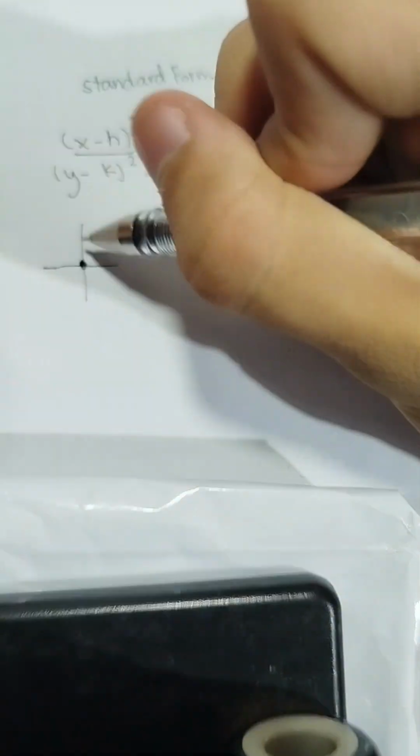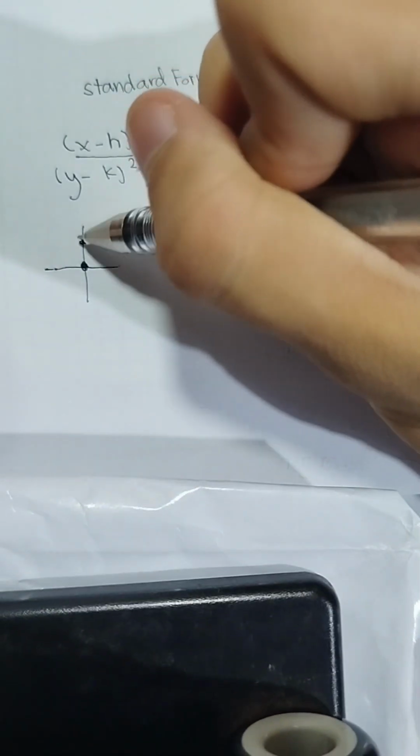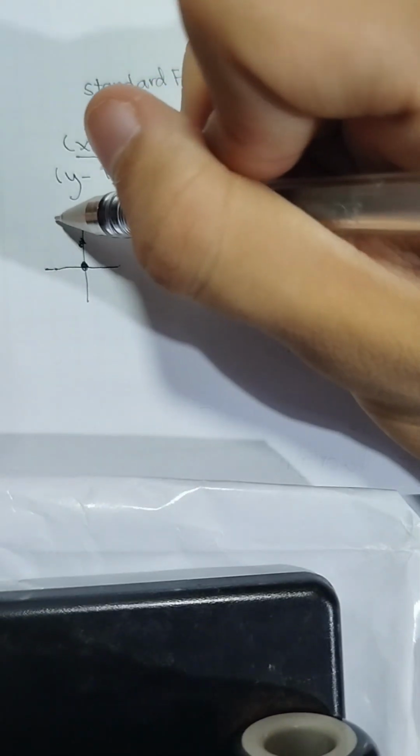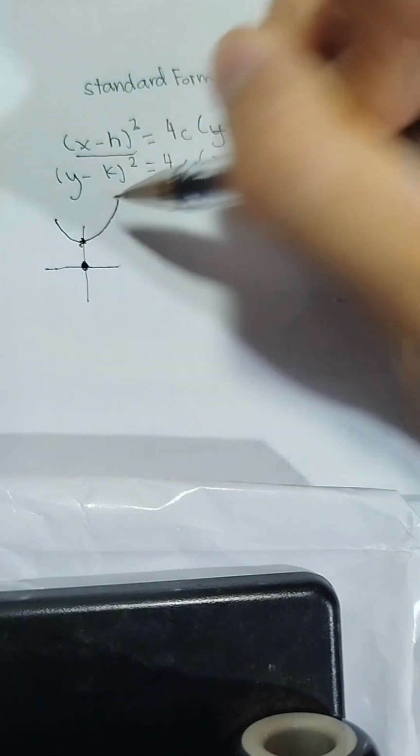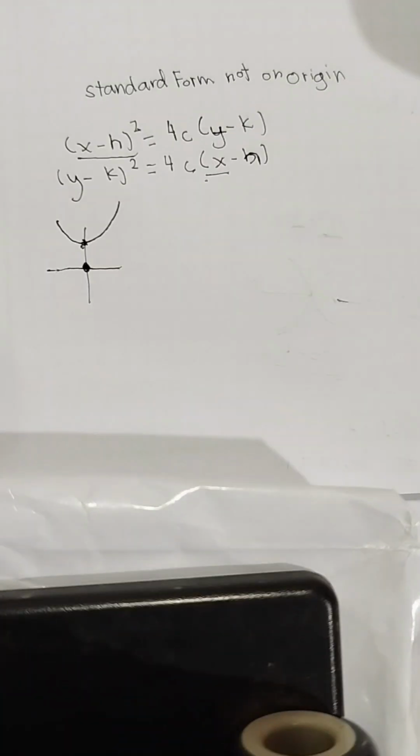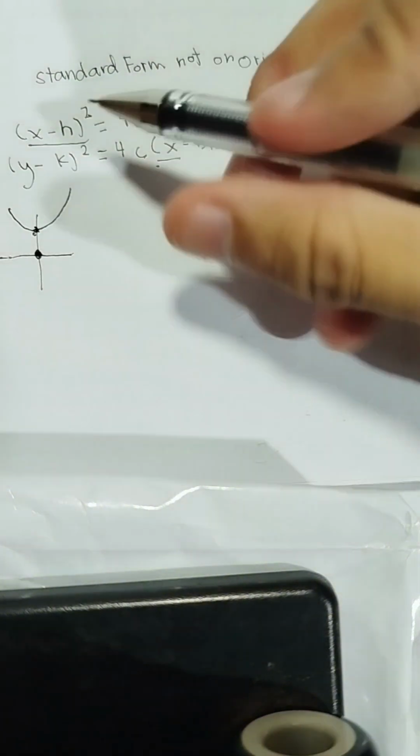If your parabola's form is this, it should not be at the origin. Let's say it's from here, so it will be like this. So that's it for the standard form that is not on the origin.